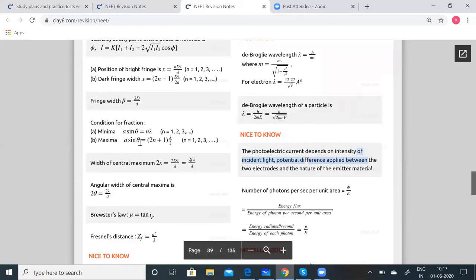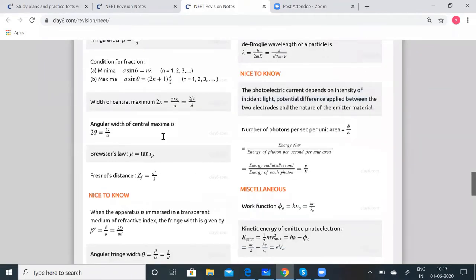And maxima is a sin theta is equal to (2n plus 1) lambda by 2, where n takes values 1, 2, 3. Width of the central maximum, 2x, is equal to 2D lambda by d, which is equal to 2f lambda by d. It's enough you remember 2D lambda by d. So angular width of the central maxima is given by 2 theta is equal to 2 lambda by a.